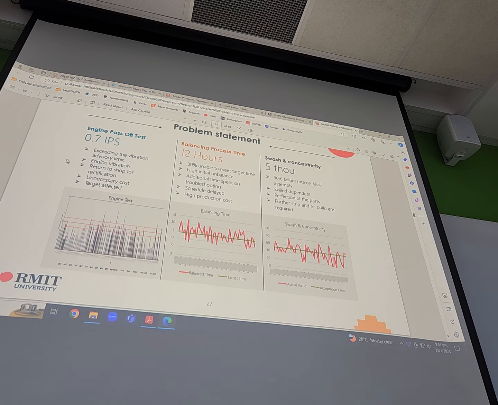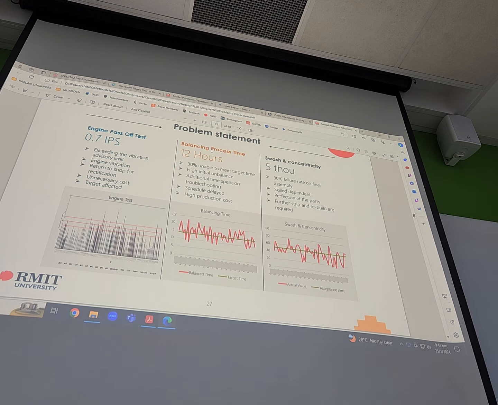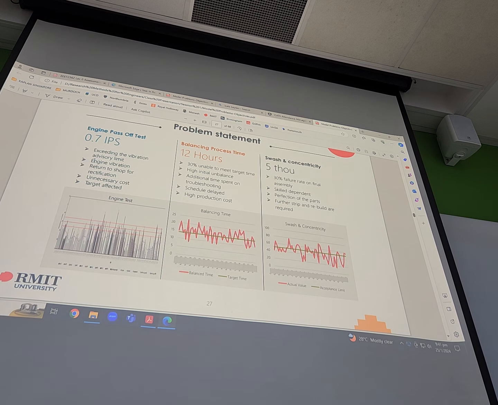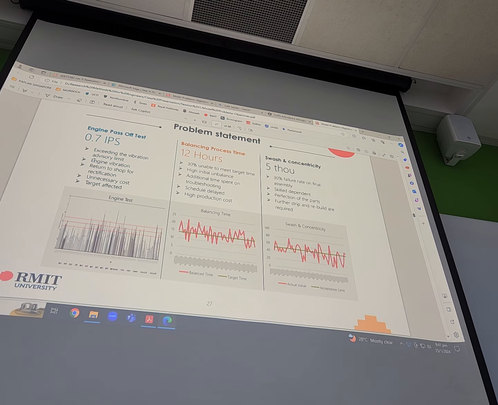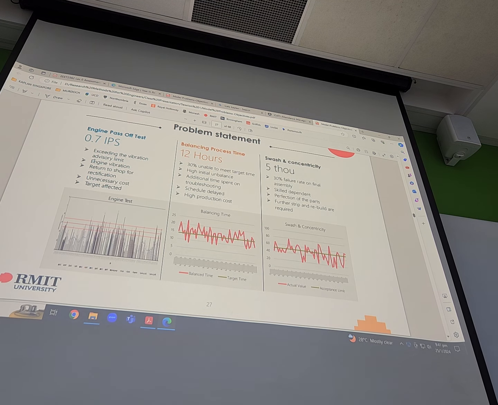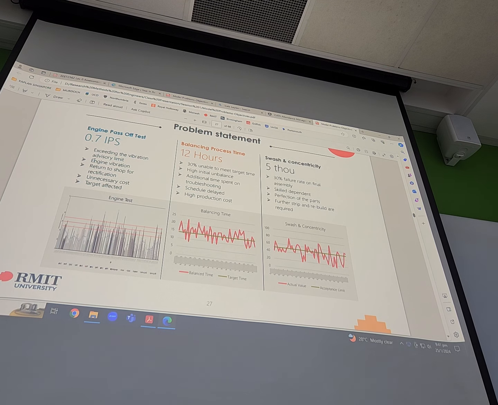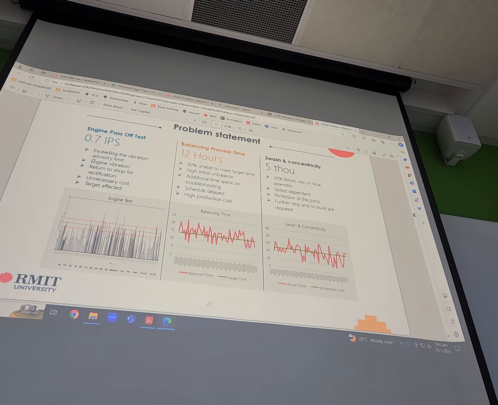So the problem statement here: what is the main problem? You can see exceeding the vibration advisory limit. Engine returned to shop for rectification and unnecessary cost, target affected. Everything is written in simple point format, so a lot of problems are identified.